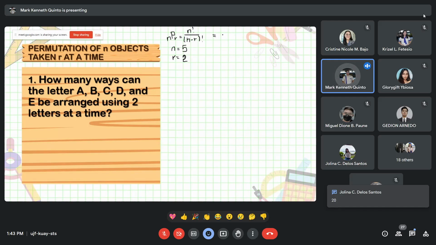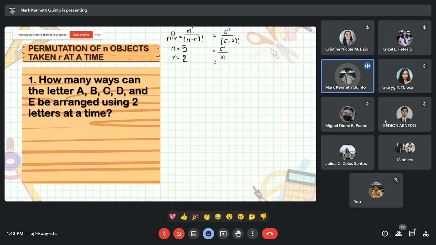So we have 5 factorial all over 5 minus 2 factorial. Let's simplify what's inside the parentheses, which is 5 minus 2, that is equal to 3, which is 3 factorial.